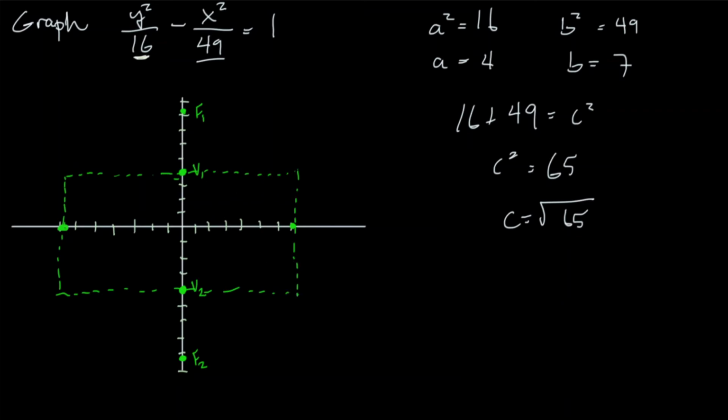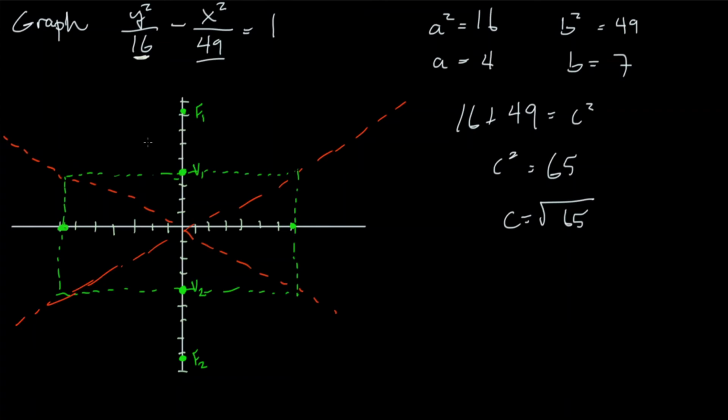And then I'm going to go ahead and graph my asymptotes because those are key in making my hyperbola pretty accurate. All right. As x goes towards infinity and negative infinity, I'm going to be approaching these lines.